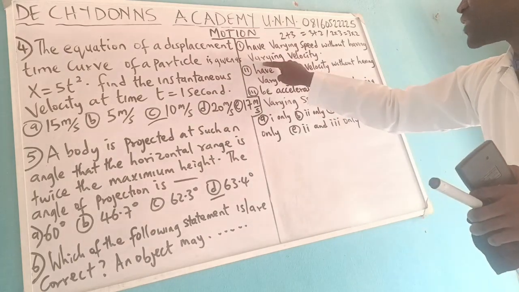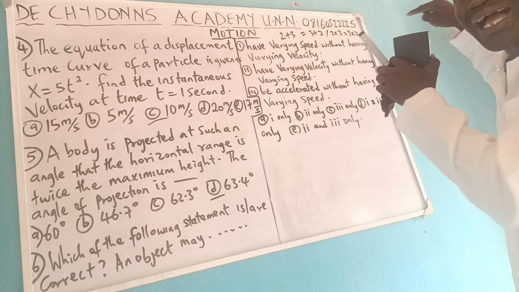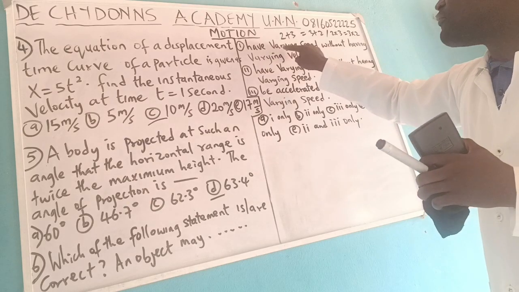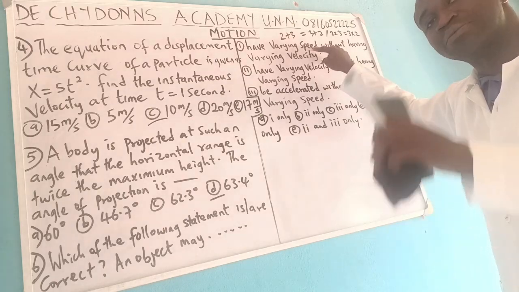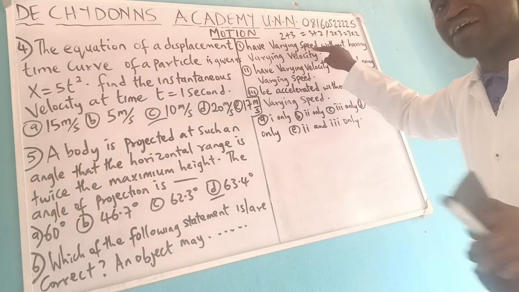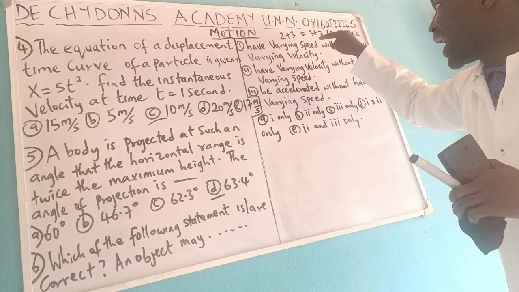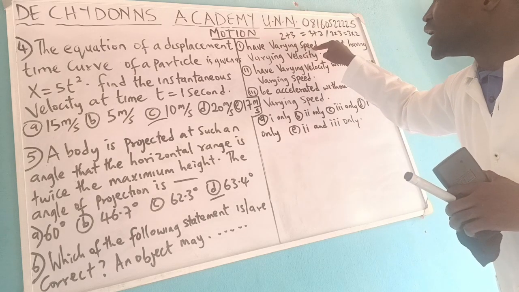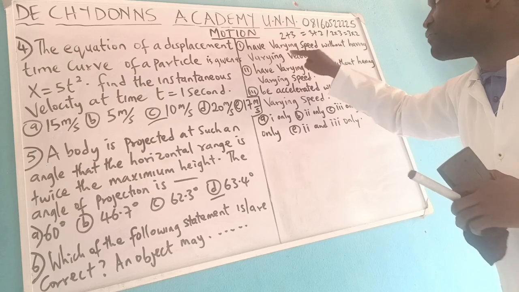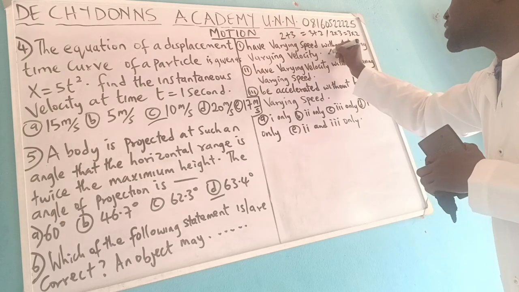And so it has varying velocity because the direction can change. But it cannot have varying speed because the speed is constant. Speed of everybody is meant to be constant because it doesn't have direction. So as speed is a scalar, it doesn't have direction, and so it will be constant. It will not be varying. So I will say this is wrong.